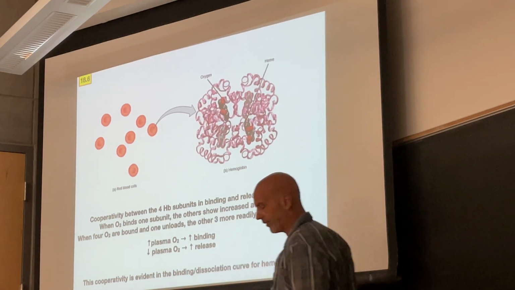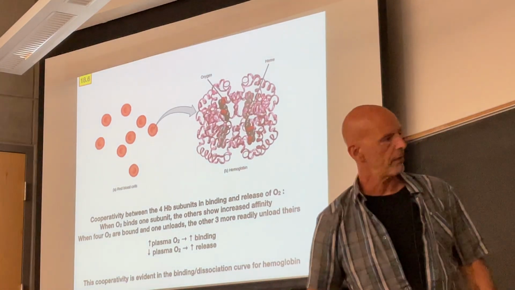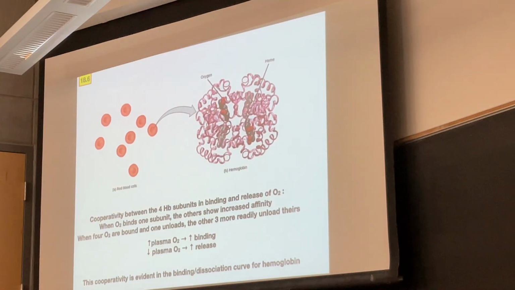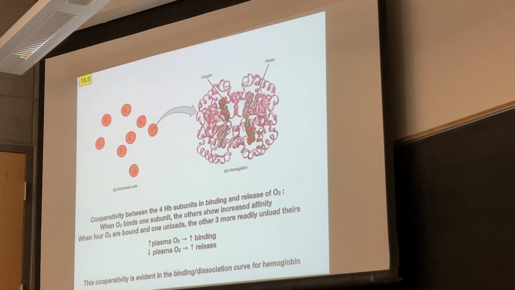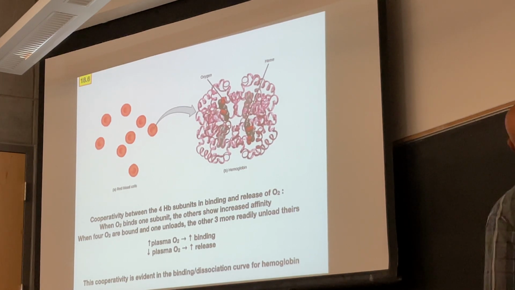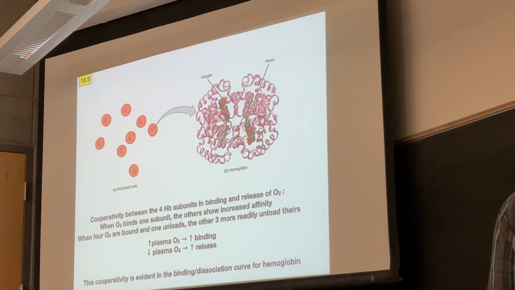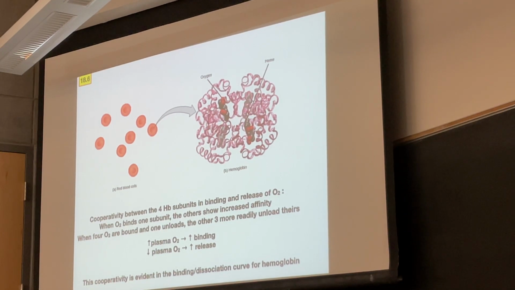And the bottom line is this picture, if you can keep this in mind, maybe that'll help. When plasma levels, that means the partial pressure concentration of oxygen, are high over here, that's going to lead to increased binding by hemoglobin.